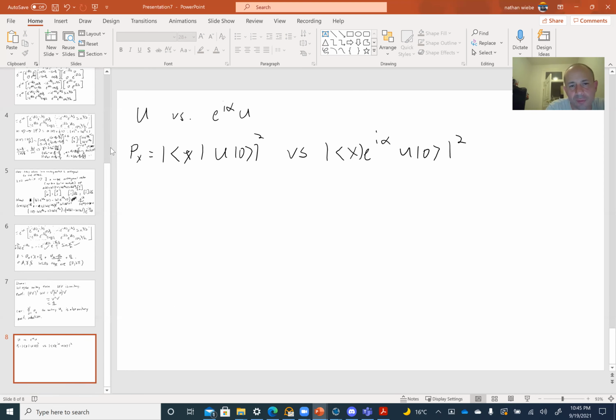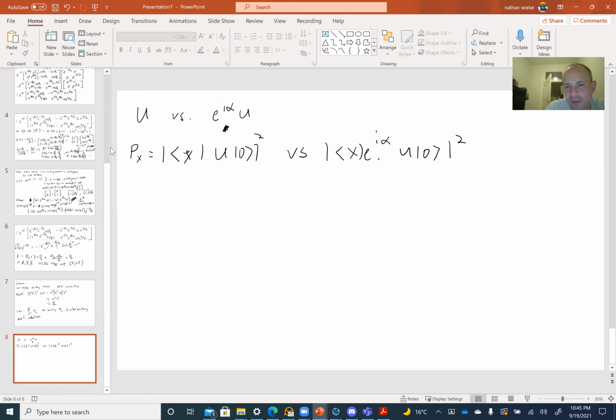So I'm taking a look at the probability, given we start in state 0 without loss of generality, of getting an outcome in state x, for both the case with an e to the I alpha in it, and the case where it's absent.